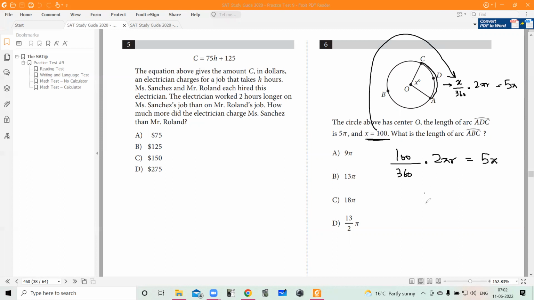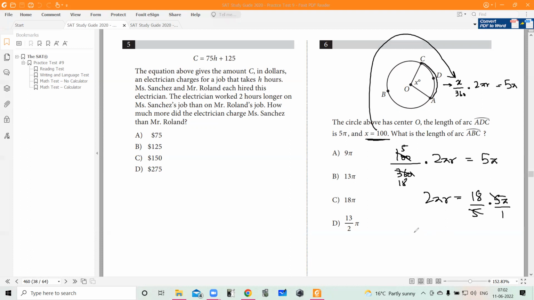Yeah. Or you can say 2 pi r equals, and you'll be simplifying it, it'll be like 10 over 36 or 5 over 18, right? Yeah. And when you multiply 18 over 5 to both sides, you'll be getting 18 over 5 times 5 pi. On the right side, 5 and 5 will cancel out.